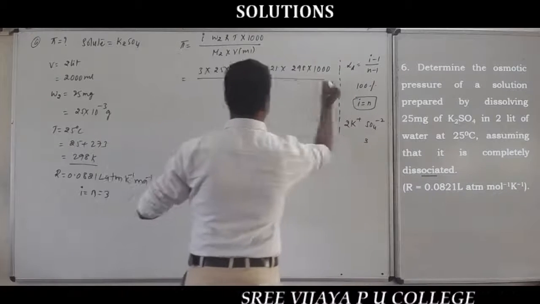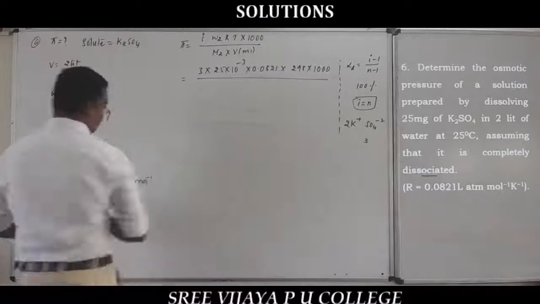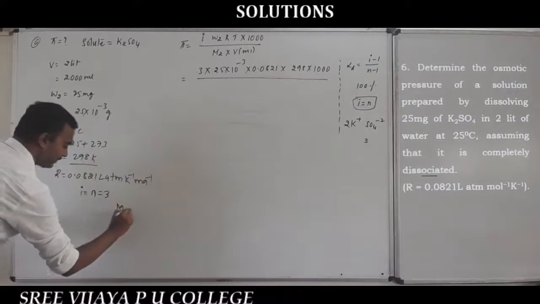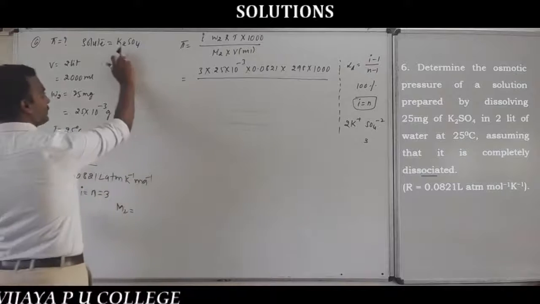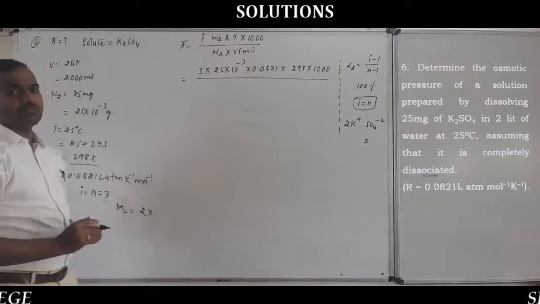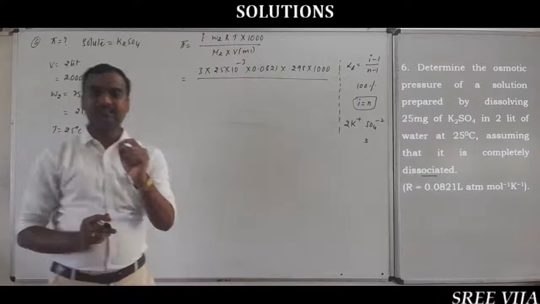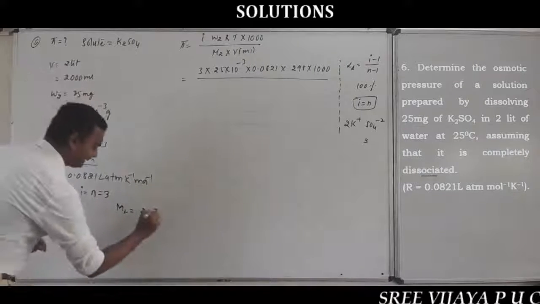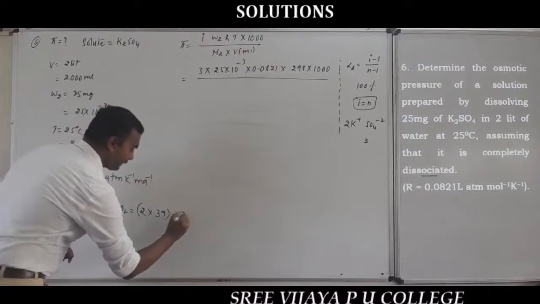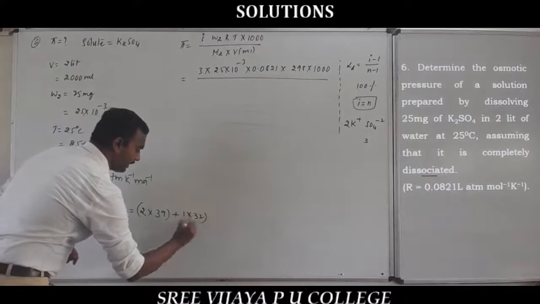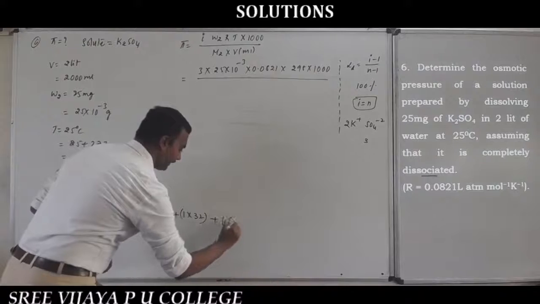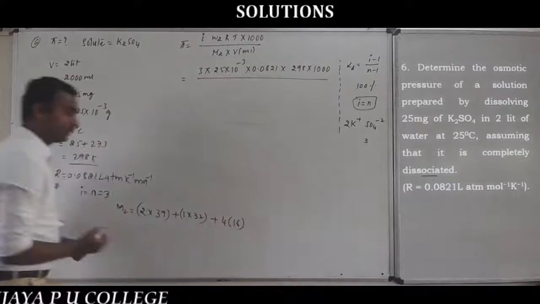So whole divided by M2. M2 we have to calculate. This is very important. M2 is the molar mass of solute. What is the solute here? Potassium sulfate. How many potassium atoms? That is 2 into potassium atomic mass 39, plus sulfur 1 into 32, atomic mass 32, plus oxygen 4 into 16, the atomic mass.